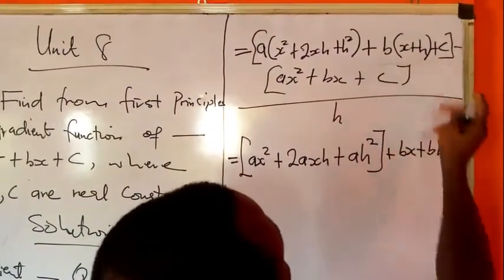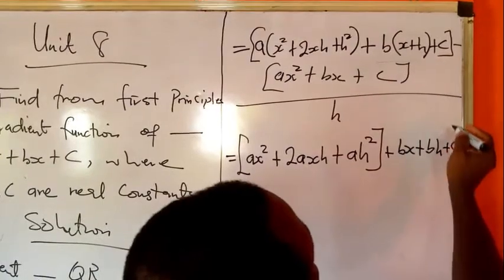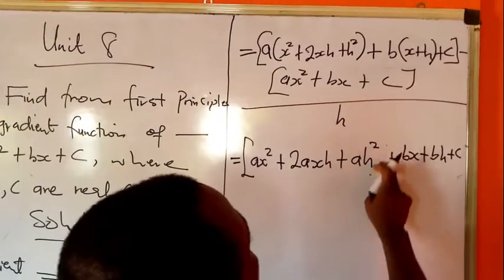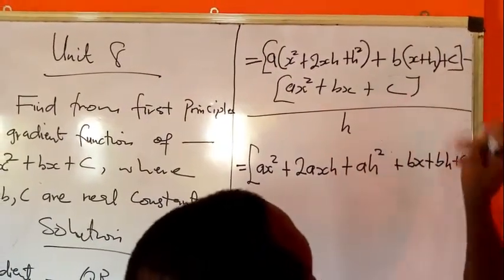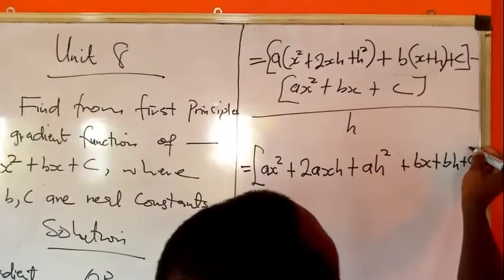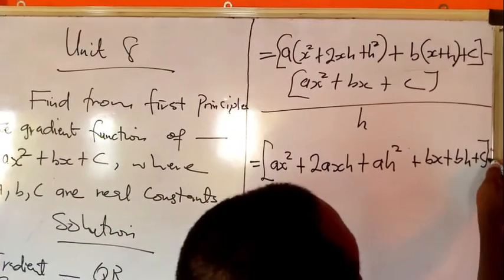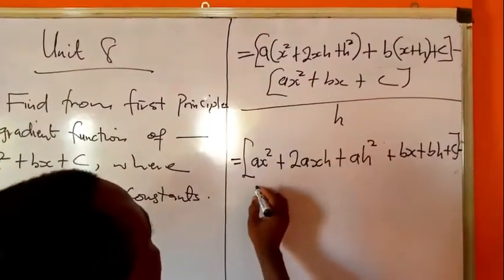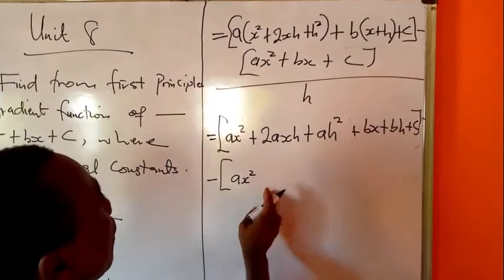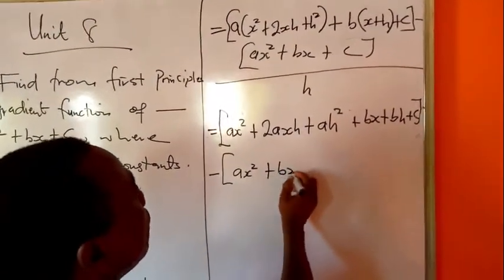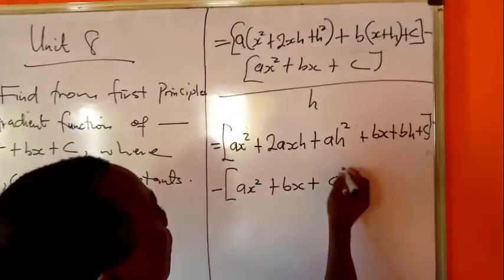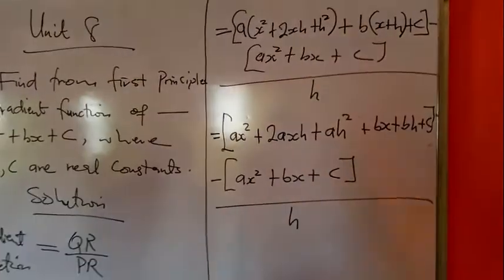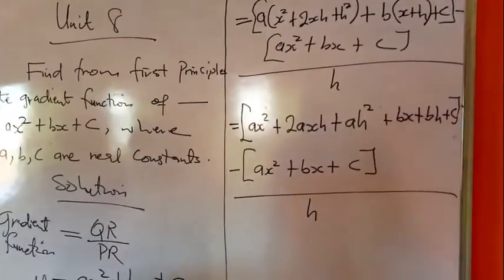That's what you have there. Because they are going together, let us not put this bracket here, so that the bracket can come to this place. Plus c minus ax squared plus bx plus c all over h. So we are getting better now. So let's see how we can straighten up this equation now.